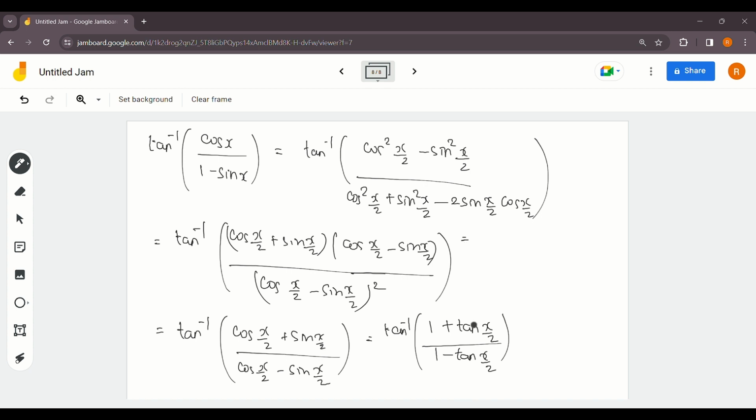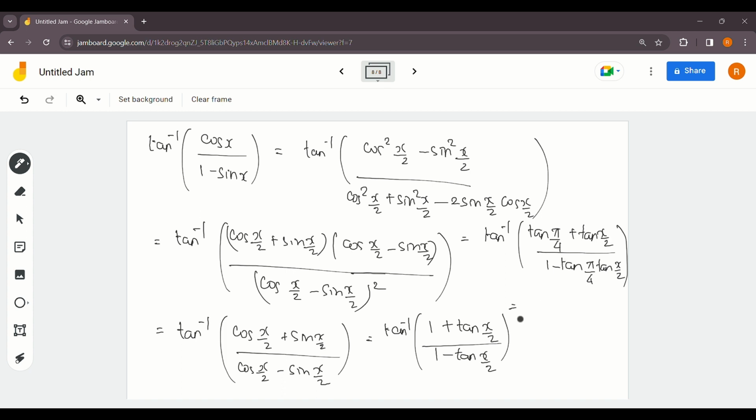Now if you see the numerator and the denominator carefully, we can modify it in our convenient way. Beautifully we can manipulate this function as tan inverse of tan pi by 4 plus tan x by 2 by 1 minus tan pi by 4 into tan x by 2, because tan pi by 4 anyway is going to be 1.